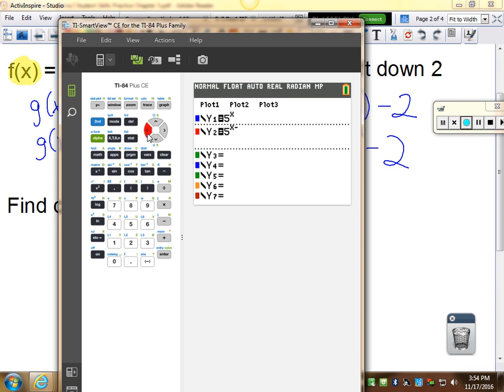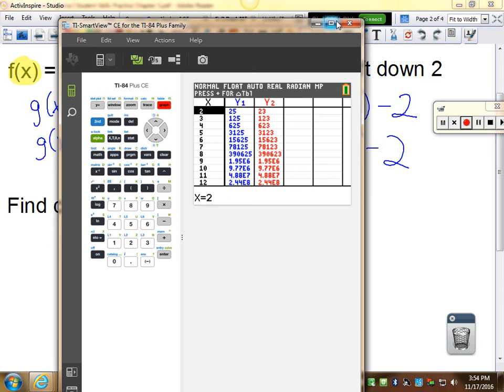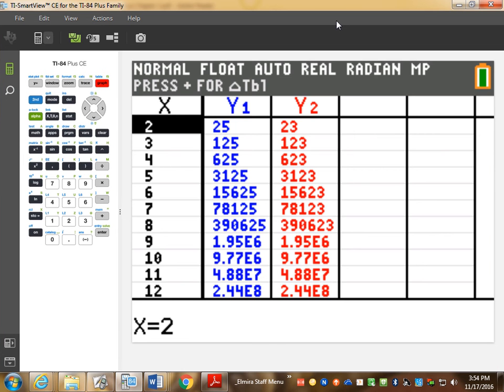Remember to arrow out of the exponent. And we're going to look at the table. What you can see in the table is that for any value of x, the original y value is 125 at x equals 3.